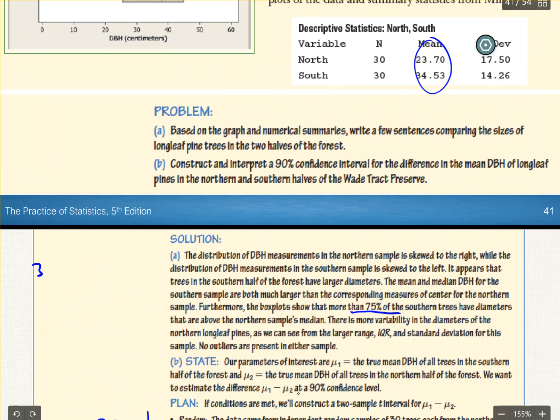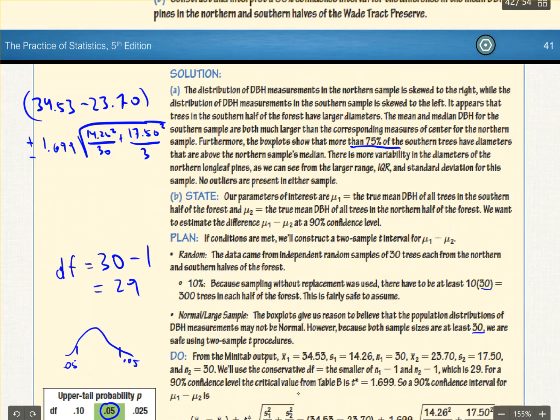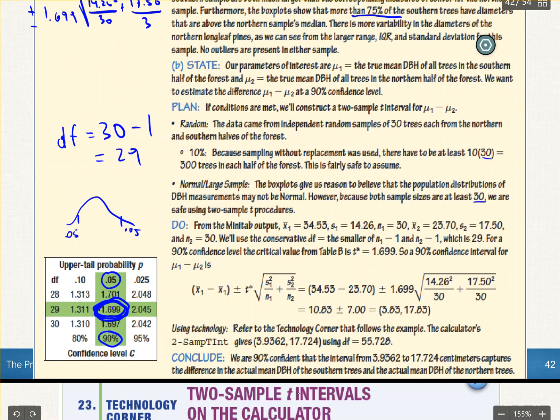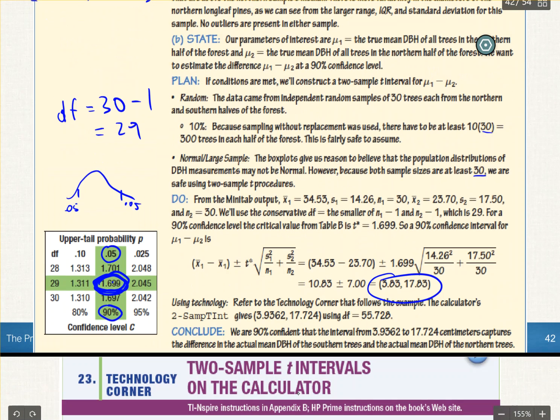We've got 34.53 minus 23.70, plus or minus t star, so 1.699, times the standard deviation, which is going to be 14.26 squared over 30, plus 17.50 squared over 30. I'll let them do that math, but that's where they got all that stuff from, and they get this as our confidence interval.